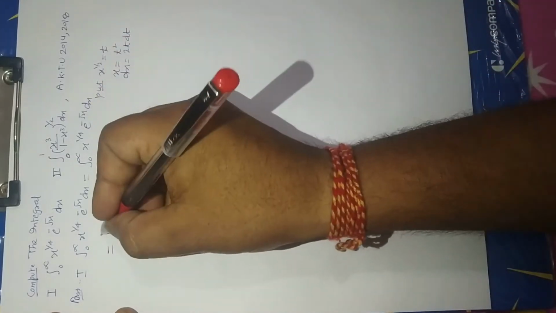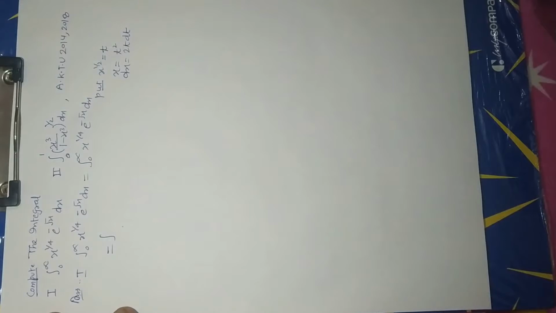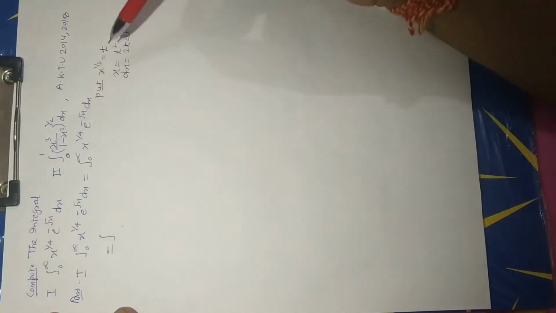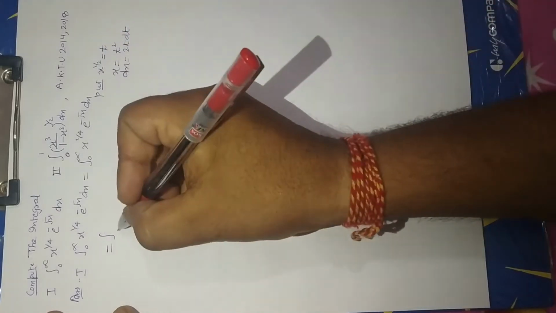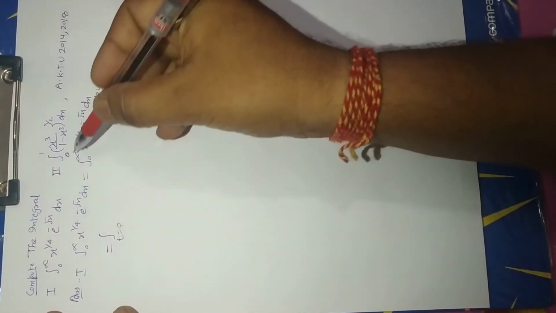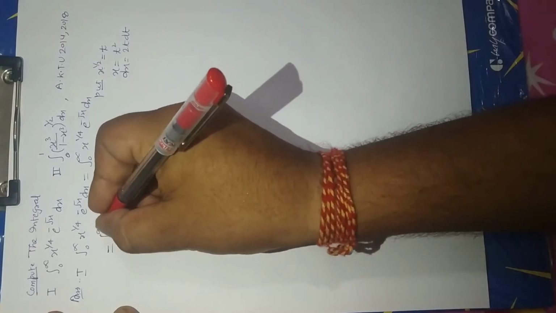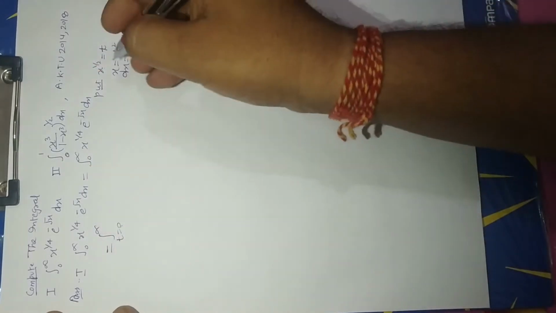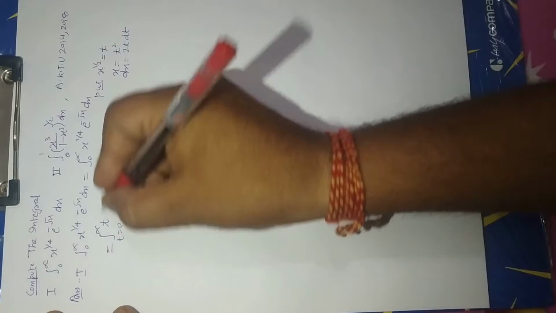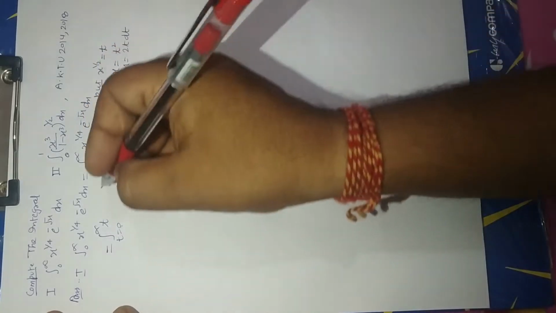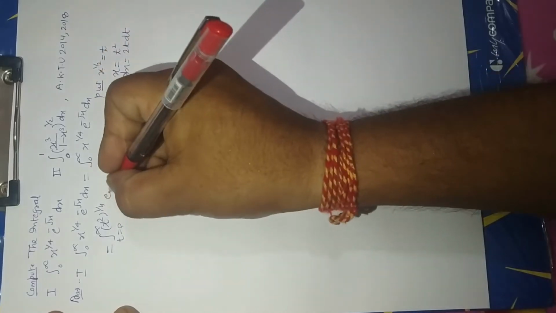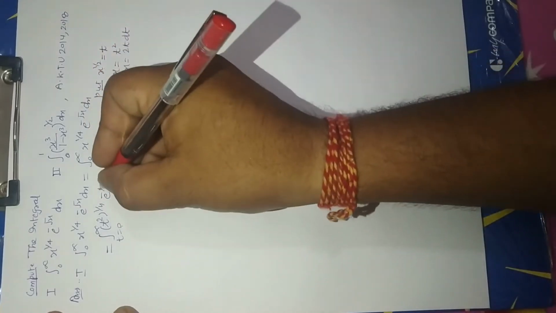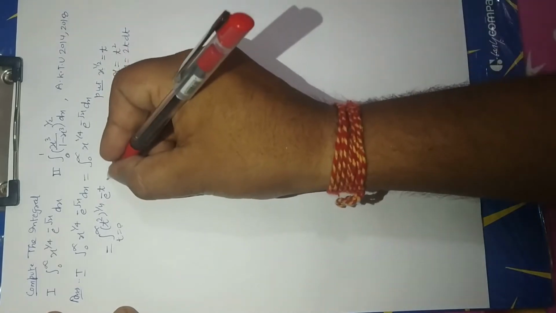Now the integral limits change. x to t: when x is equal to 0, t equal to 0, and x equal to infinity, t equal to infinity. x to the power 1 by 4 is t square to the power 1 by 4, e to the power minus under root x is t, dx is 2t dt.